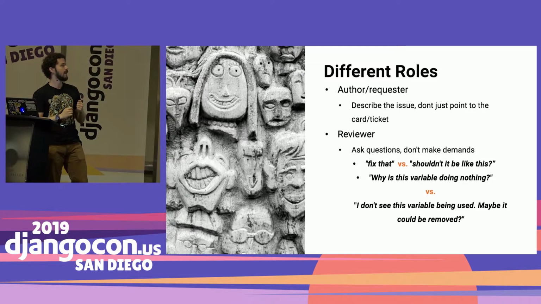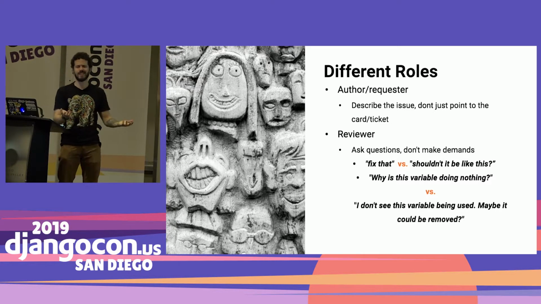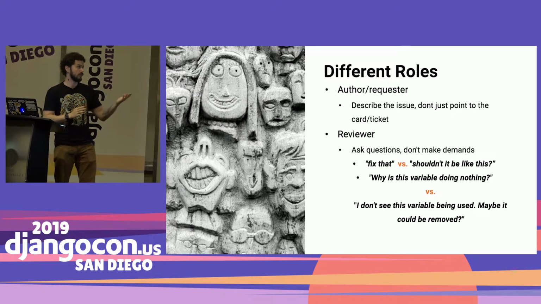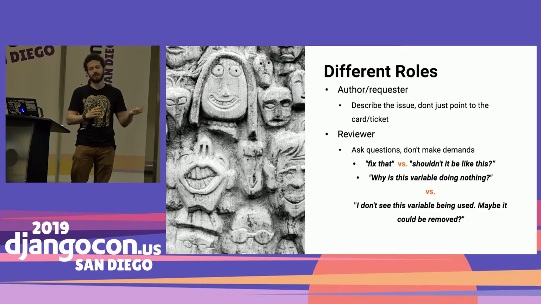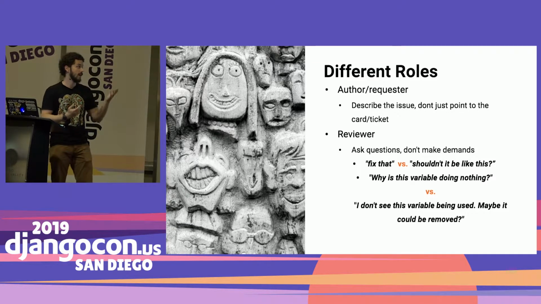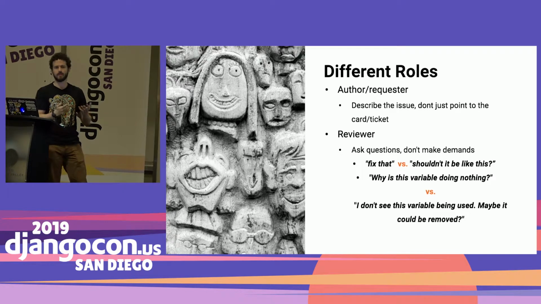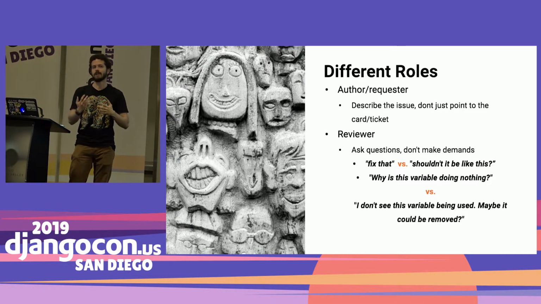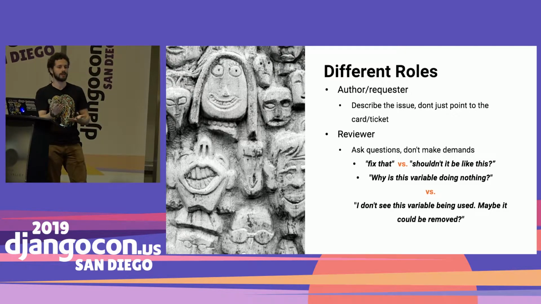As a reviewer, remember to always ask questions. Don't make demands. So instead of just saying, fix that thing, why don't you say, shouldn't it be like this? It's a much more polite and nicer way to say it. Also, don't say, why is this variable doing nothing? You could say instead, I don't see this variable being used. Maybe you should remove it. Because sometimes it's something that you might not be seeing, that the person who wrote the code has already thought about, and you give the person the opportunity to explain themselves.